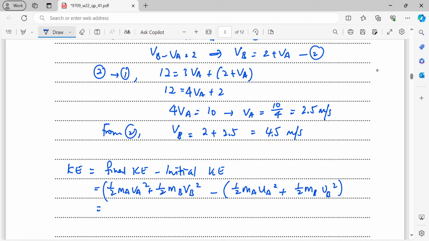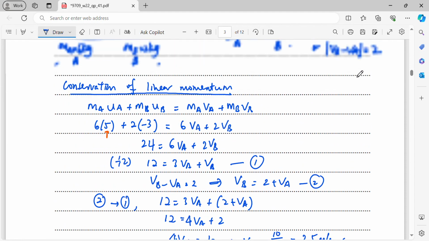Okay, so then from here, just replace the values. The vA is 2.5 squared, and the vB is 4.5 squared. So minus half of 6, the uA is basically 5, and uB is minus 3.